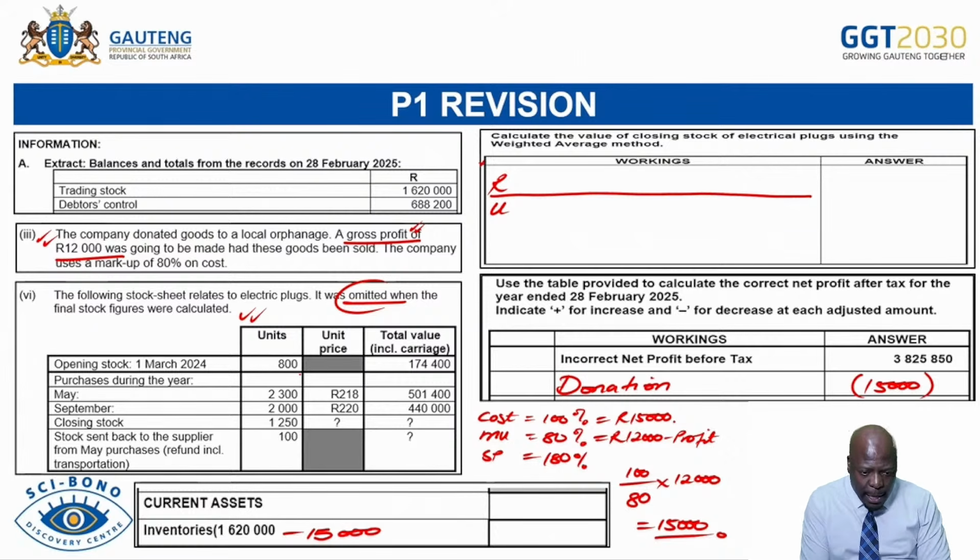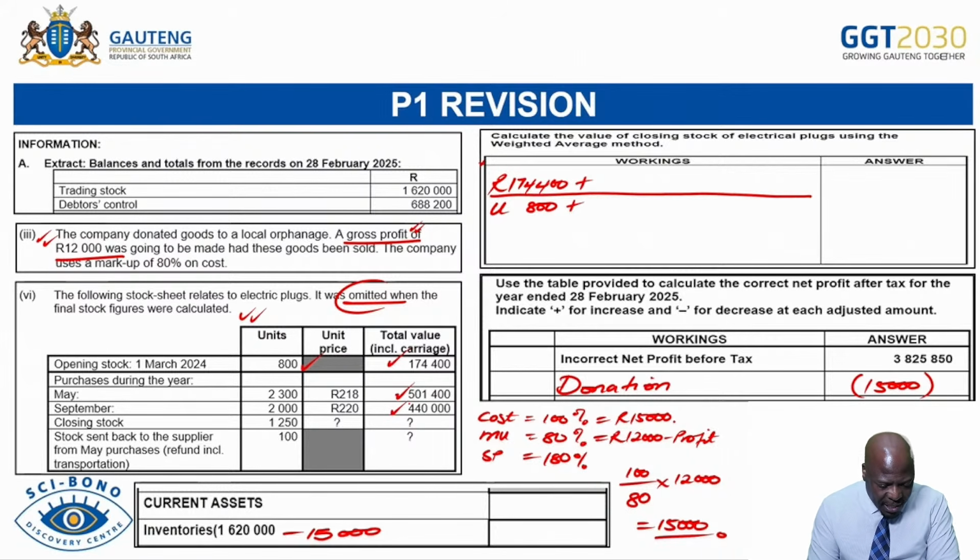How much is our opening stock? 174,400. And how many units is that equivalent to? That is your 800 at the bottom here. Then I say plus. We are given purchases separately.